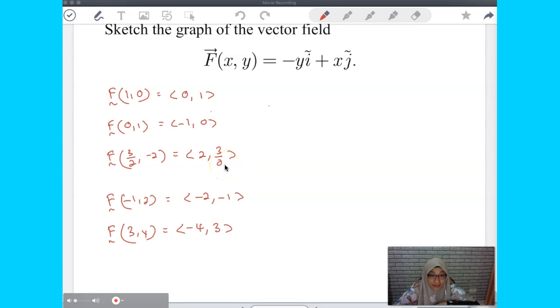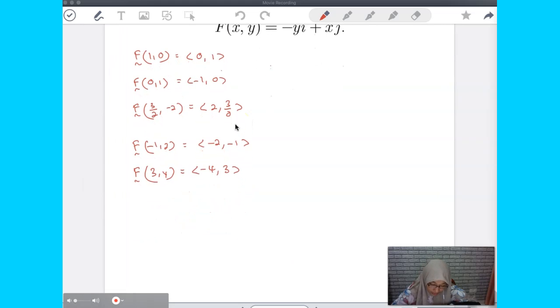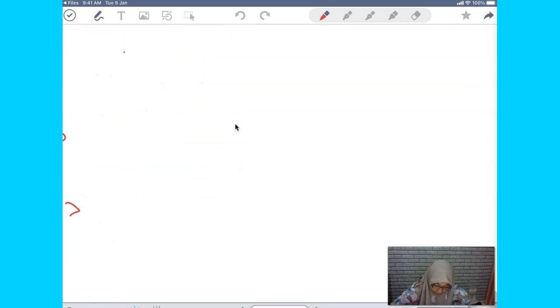Okay, instead of a graph, now we want to plot the vector field. So now you have more than one vector, right, for specific values of x and y. So now you need to have the scale.